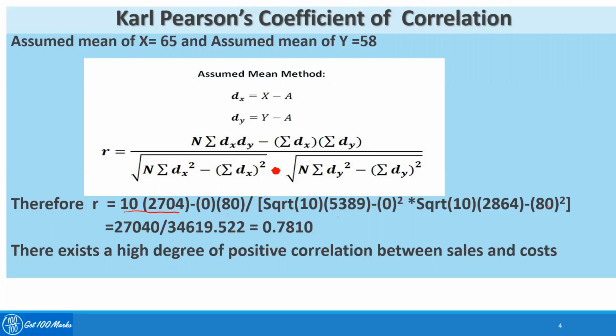Therefore, after calculating the values, 10 into 2704 will give us 27040 minus 0, so it will be as it is. Then the entire thing we will calculate and get the value as 0.710. So this value is positive, therefore we can tell it's a high positive correlation between cost and sales.